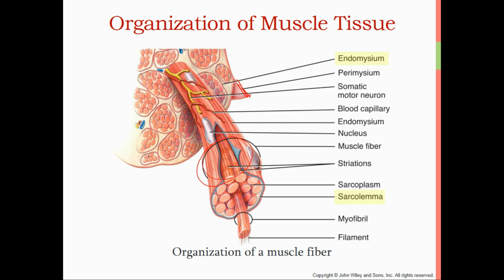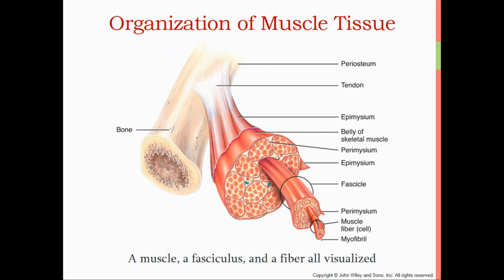There are a couple other things that are listed in there. The blood capillaries, the neurons, the nucleus of the cell is given in here. This shows the striations, which are the alternating thin and thick filaments in each of the muscle fibers, the myofibrils, and so on and so on. And then we even get down to the actual filaments that are in there right there. And we'll talk about the filaments here shortly.